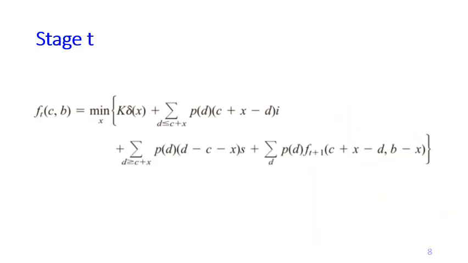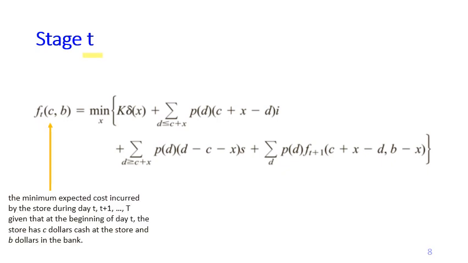Now let us go backward to the stage before the day 30. That's why the T is small. So FT(C, B) means the minimum expected cost incurred by the store during day T, T plus 1 up to big T. Given that at the beginning of the day we have C dollars cash, and B dollars in the bank. Everything is quite similar like before.